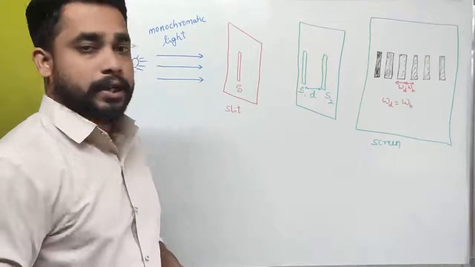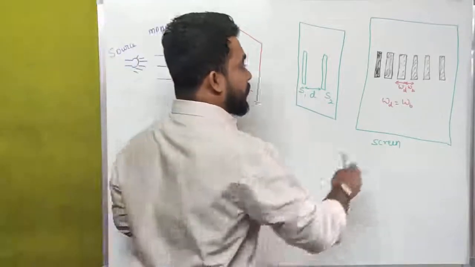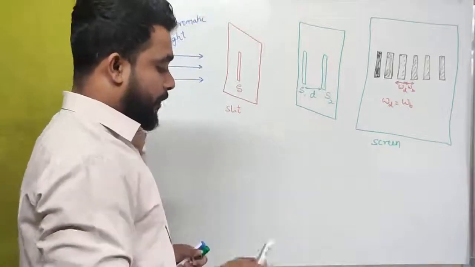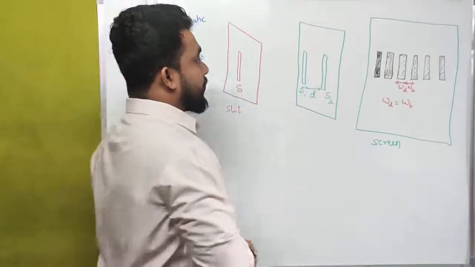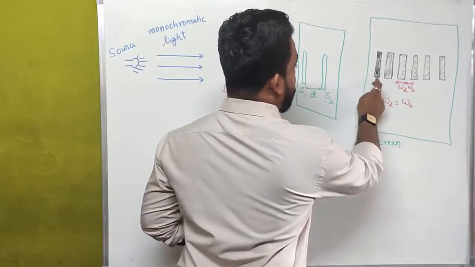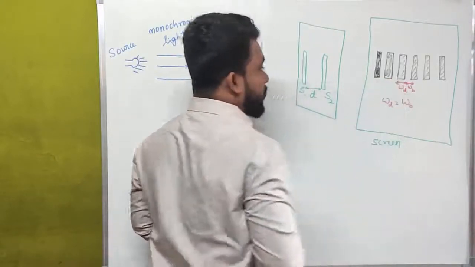Okay, I'll explain that later. First, the width of a dark fringe has to be equal to the width of the bright fringe, and we are getting alternate bright and dark. Here we have bright dark, bright dark, bright dark.